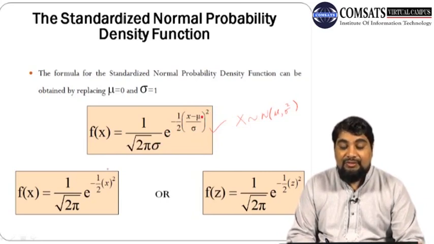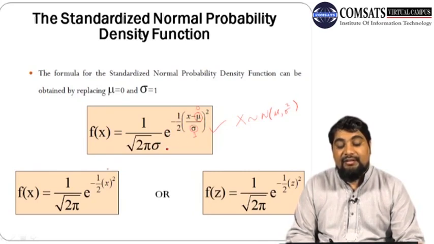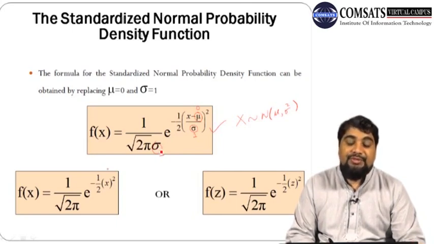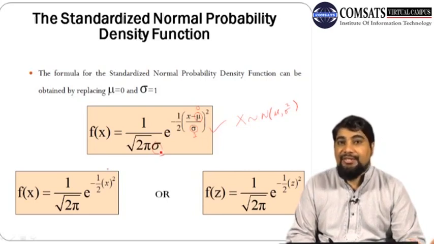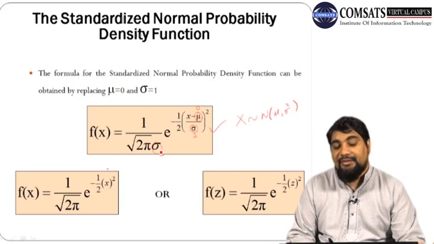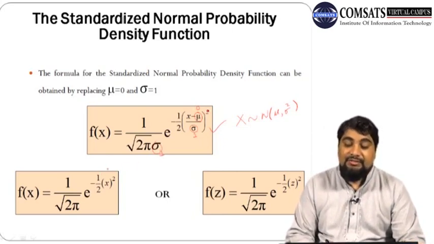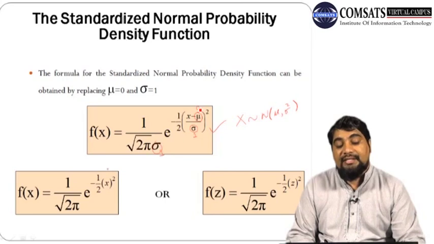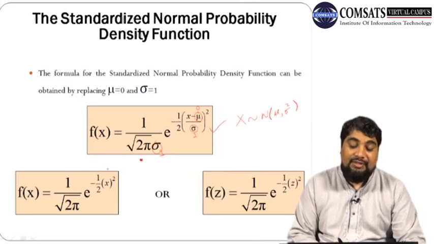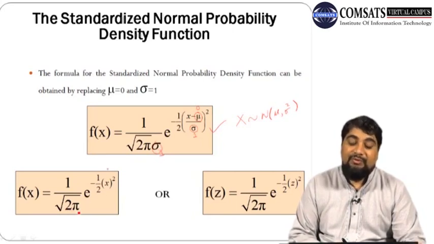So if we replace this mu by 0 and this sigma by 1, here as well as here, we get a new density function, which will be the density function of a standardized normal random variable. If we replace mu by 0, x minus 0 is x, divided by 1 we get x, and then the square means x square. So you can see that we get minus 1 over 2 x square, and if we replace sigma by 1, we are left with square root of 2 pi only.